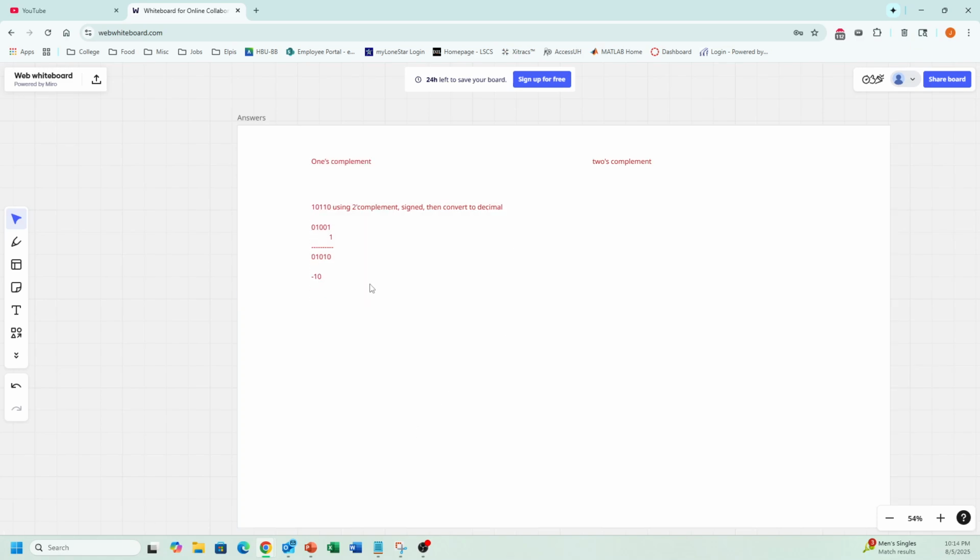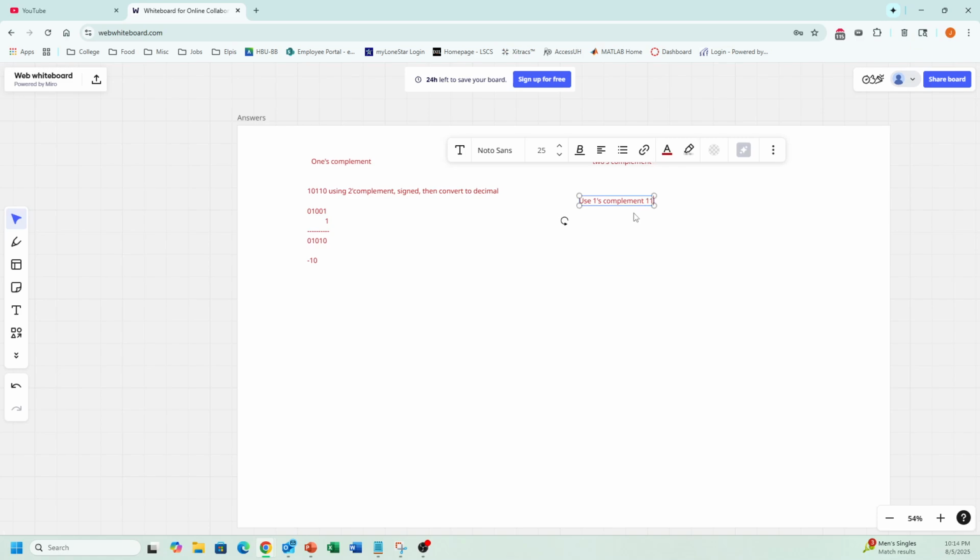Let's do another one. Use 1's complement of 1, 1, 0, 0, 0, signed, and convert to decimal. Okay, we look at the most significant bit, it's 1, so the final answer has to be negative.